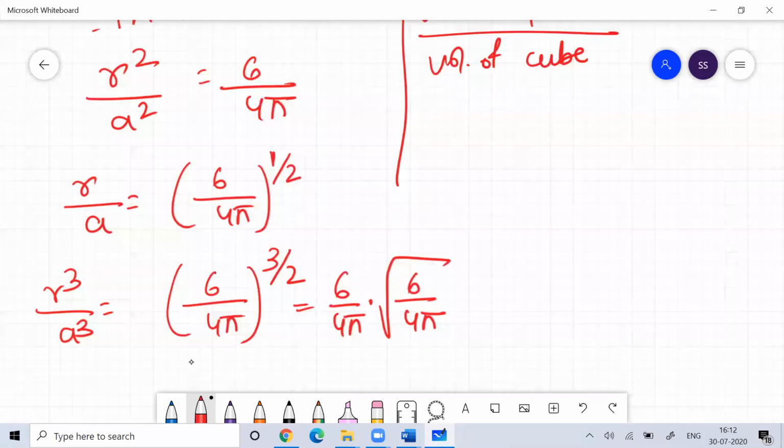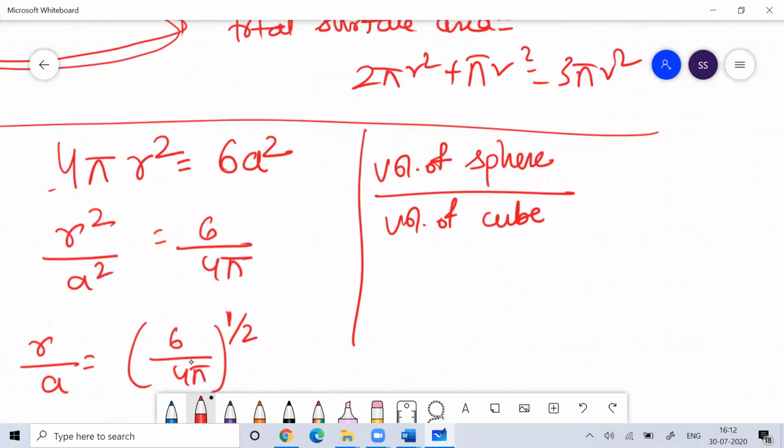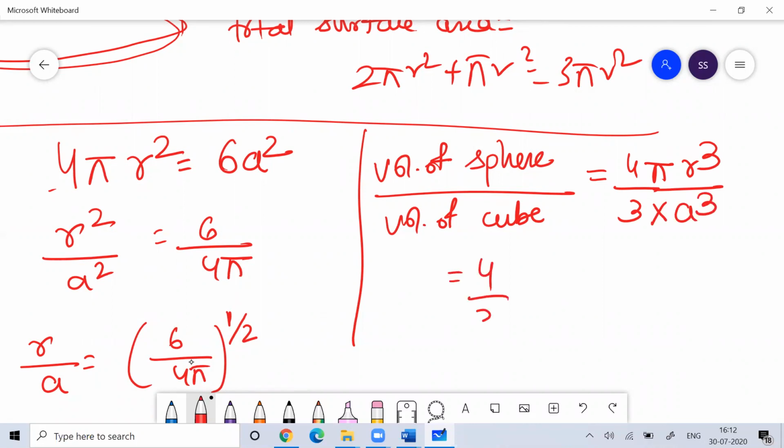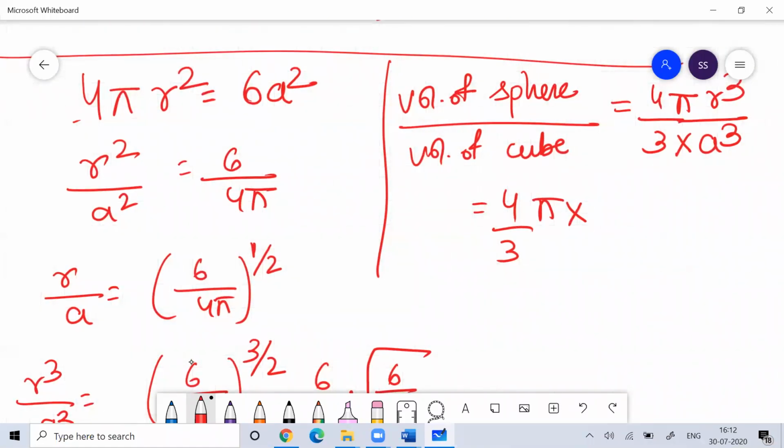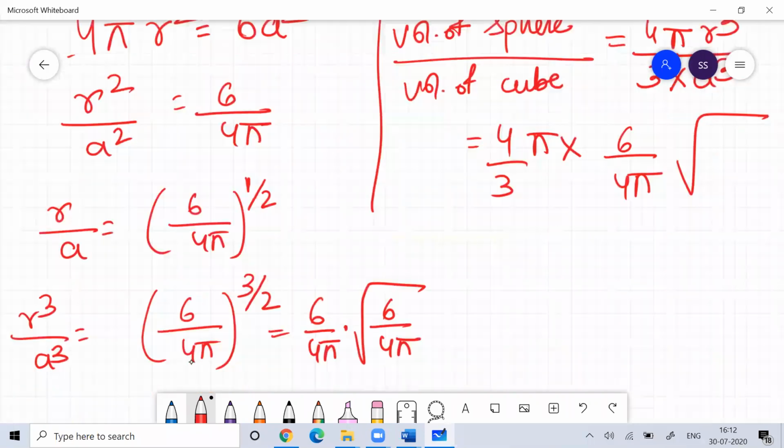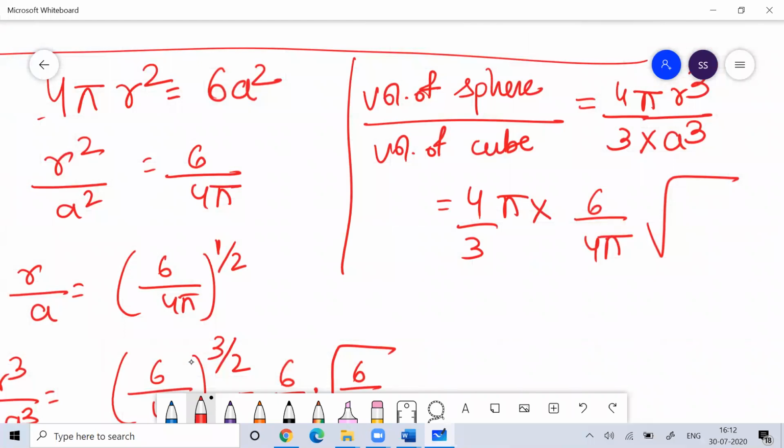Now the volume of the sphere is 4 by 3 pi r cube, and the volume of the cube is a cube. So this is 4 by 3 pi into r cube by a cube, which is 6 by 4 pi into square root of 6 by 4 pi.